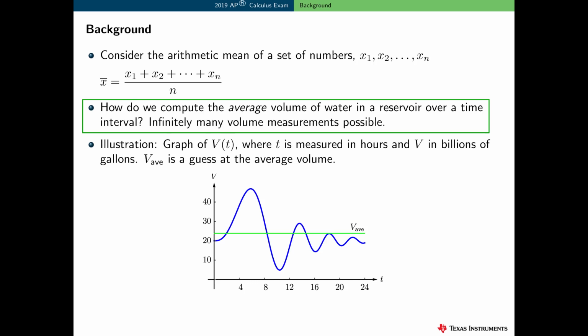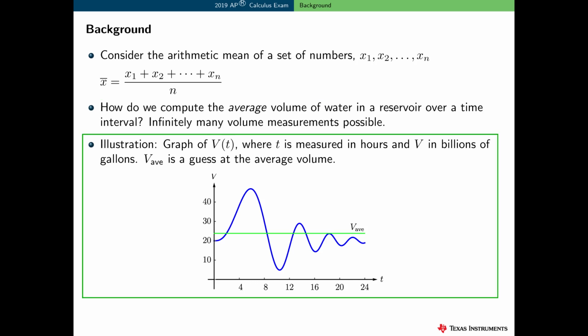Now, how do we extend this idea to a case in which there are infinitely many numbers or observations? For example, how do we compute the average volume of water in a reservoir over a time interval? There are infinitely many volume measurements possible. So we can't add up all of these observations and divide by n, but here's a graph to illustrate this idea.